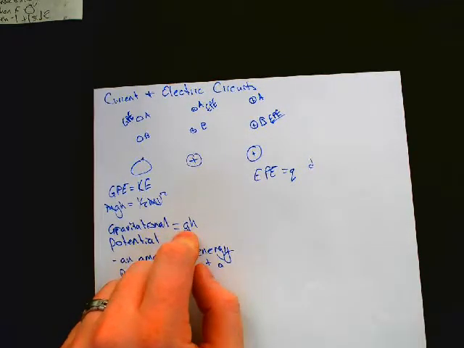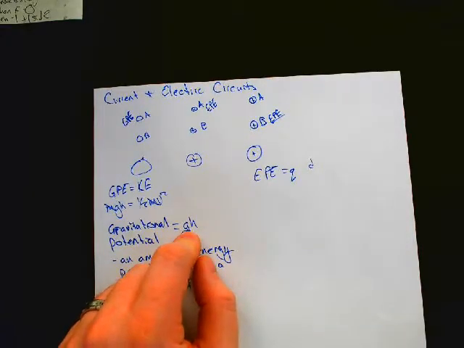We gave some additional definitions to it 2 weeks ago. What were some of those additional definitions that we gave to little g? What is 9.8 meters per second squared? Sure, it's an acceleration. How else could we define it, though?